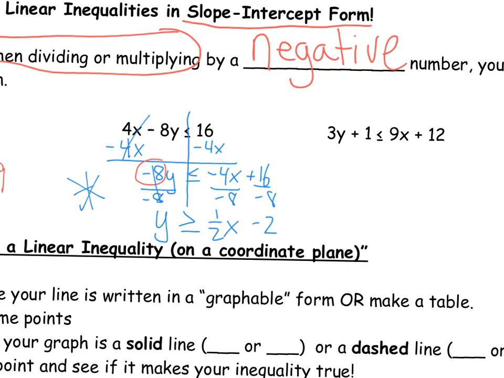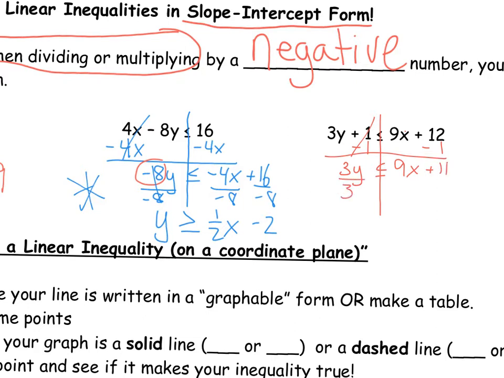All right, next up. Draw your line. The 9 is already over here on the right side, so that means I could subtract 1. And I've got 3y is less than or equal to 9x plus 11.